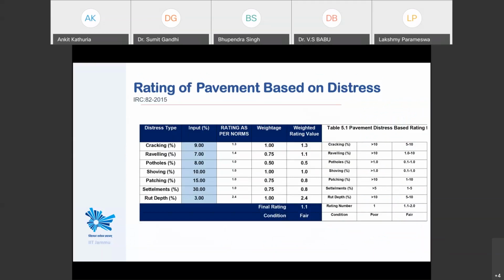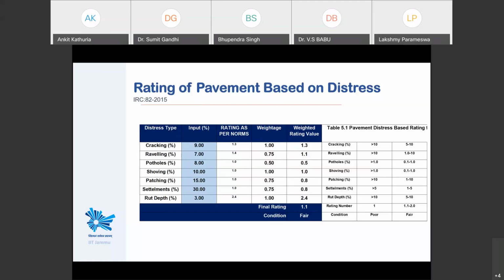In this rating sheet, there is an input column, the second column, which is what you have to feed. The ratings as per norms are estimated based on your input values. Basically, the range of distress varies from 1 point to 3 points, and these ratings are interpolated based on the input values.